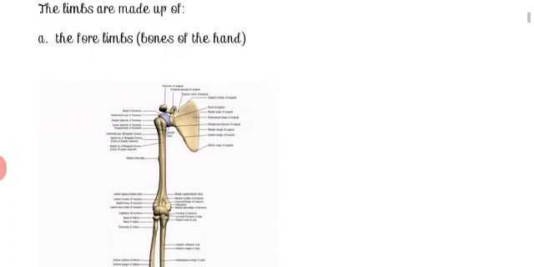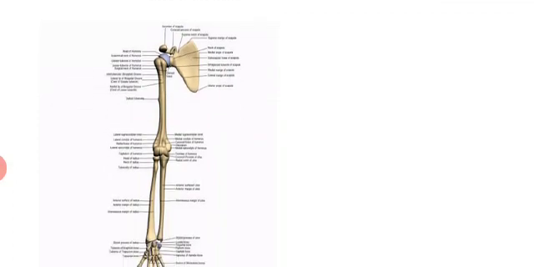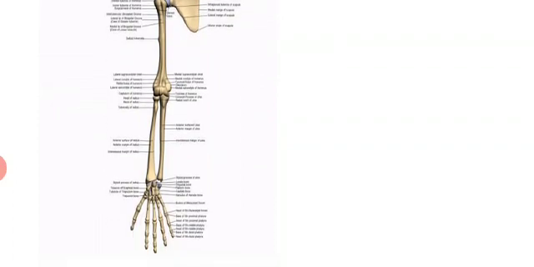The diagram is here for you to see where the limb starts and where it stops. It starts from the humerus down to the ulna and radius. From there, we have the carpus and we have the metacarpus, which are the phalanges.